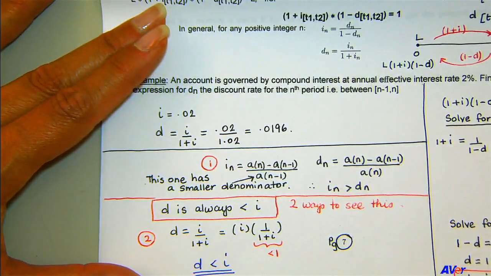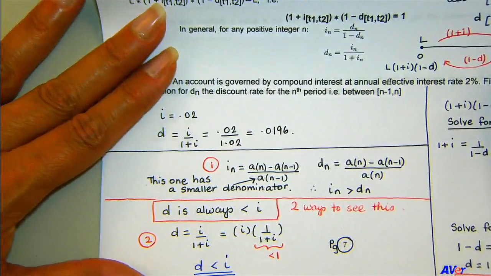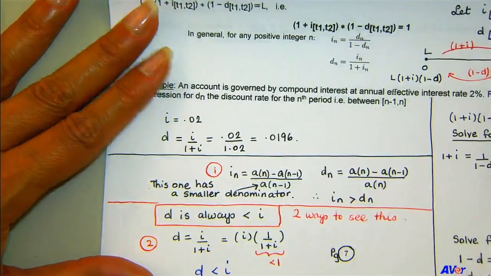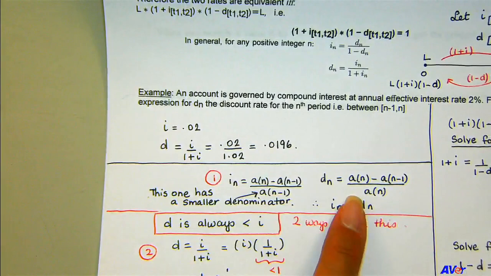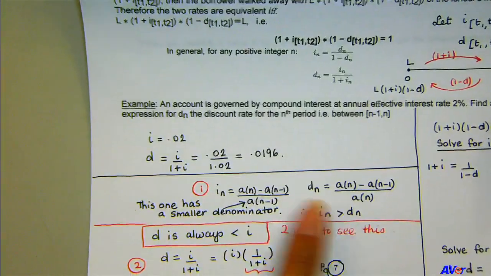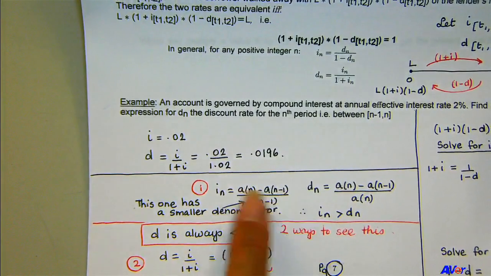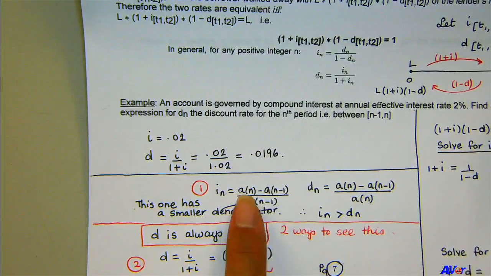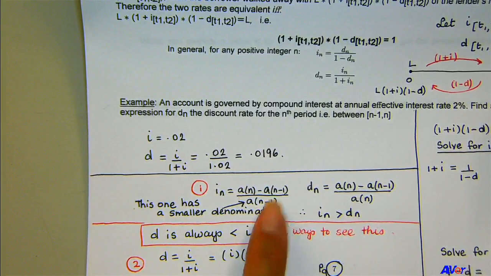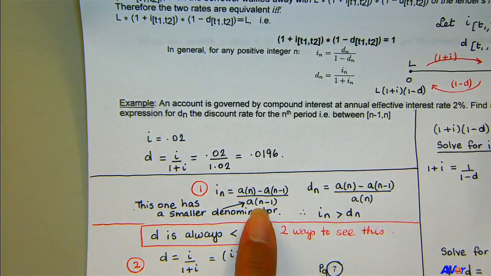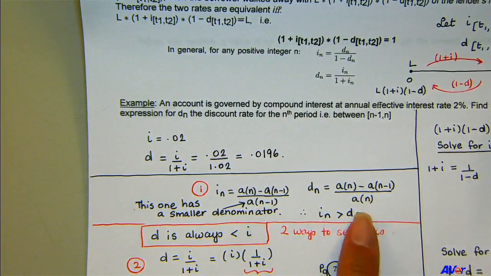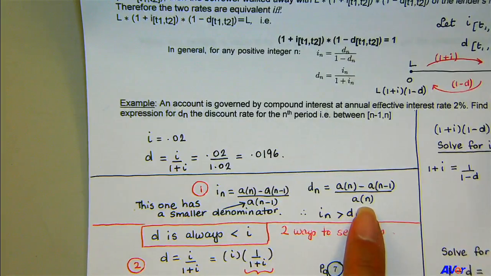And then there's another way to show that D is always less than I, and it's much more meaningful. Look at this right here. If I write the expression for I_n, it is equal to the change in your account in the nth period, divided by A(n−1). And D_n is equal to the change divided by A(n).